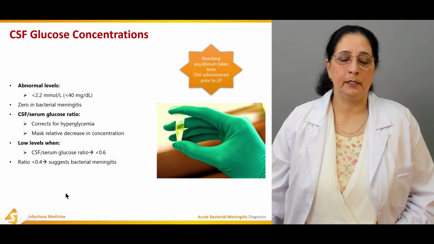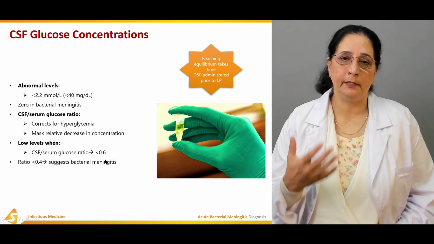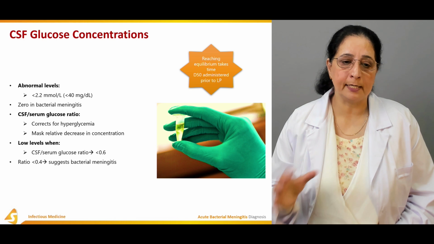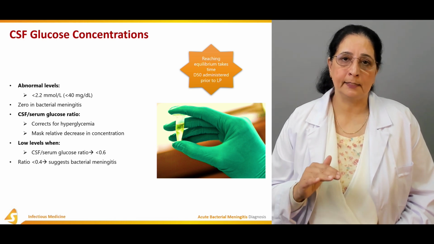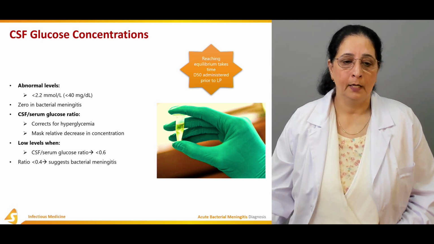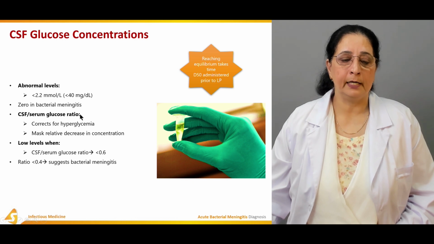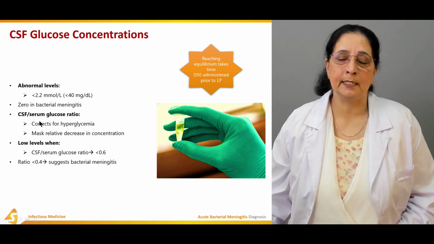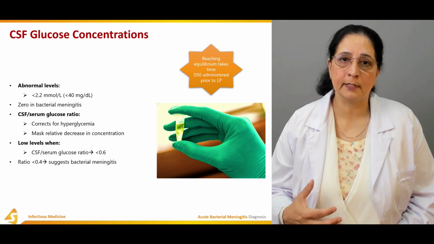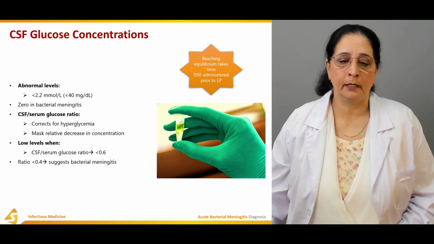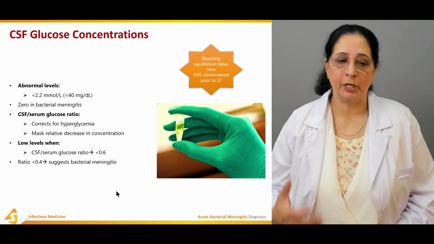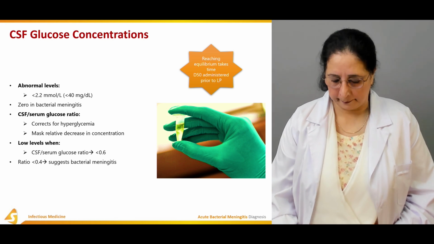So these are the levels which are significant of bacterial meningitis: the ratio of the CSF and serum glucose level. And if the patient has hyperglycemia, we might get the wrong result that can make the diagnosis bad.